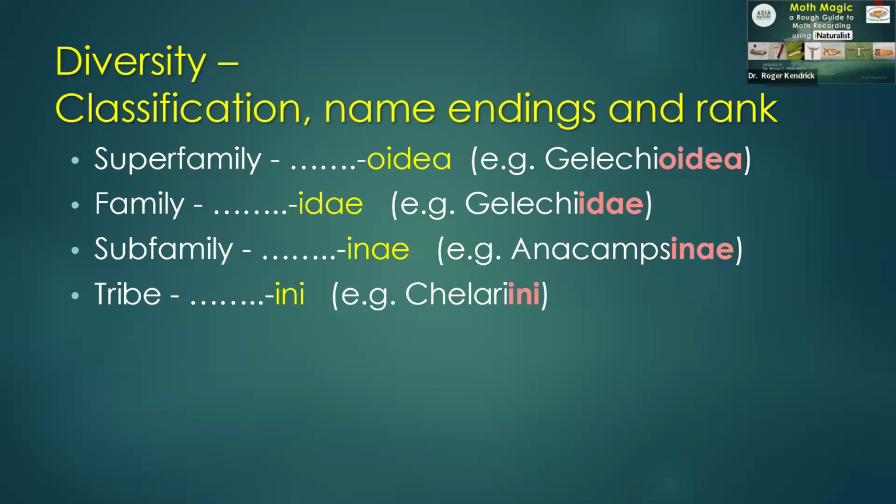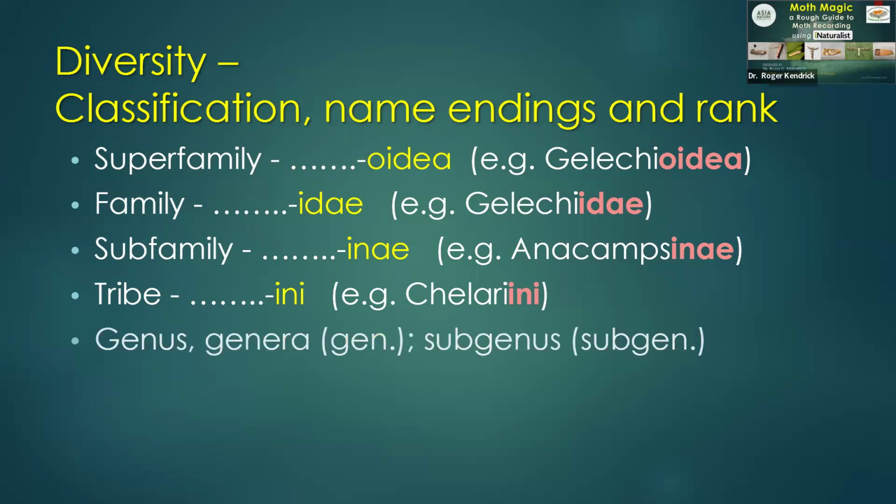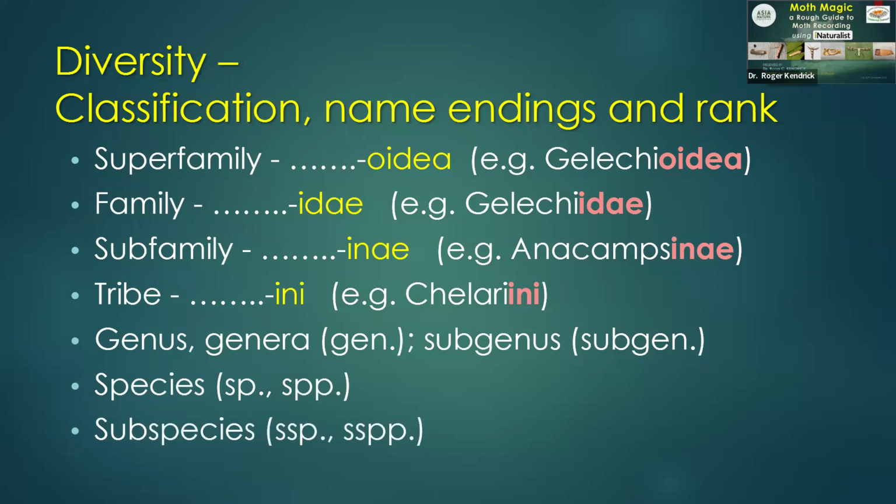Now, how you differentiate -ini from -inae in classics, I do not know. To me, Anacampsinae could be the tribe or the subfamily, but when it's written -ini, it's the tribe. Now, genus and genera: gen. for singular or plural. Then subgenus, subgen. is an abbreviation. Species, sp. for a single species, spp. for many species. Likewise, subspecies, ssp. and sspp. for the plural.